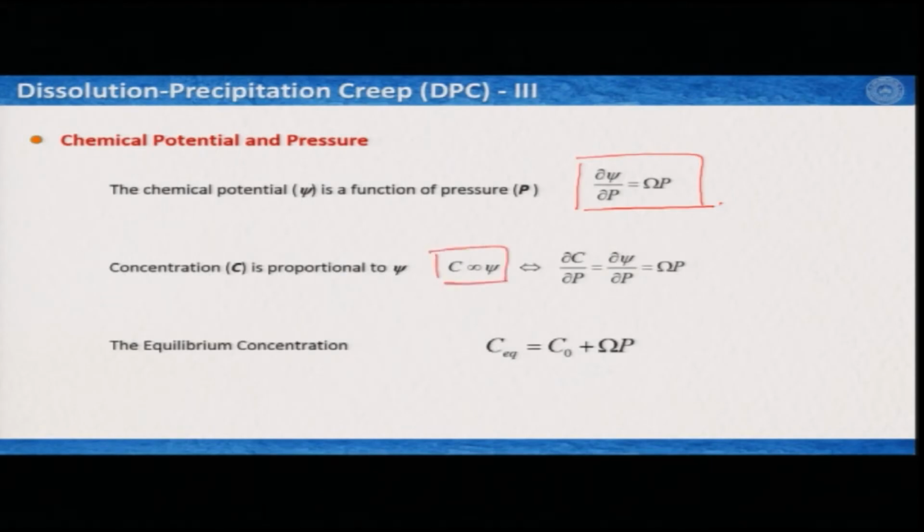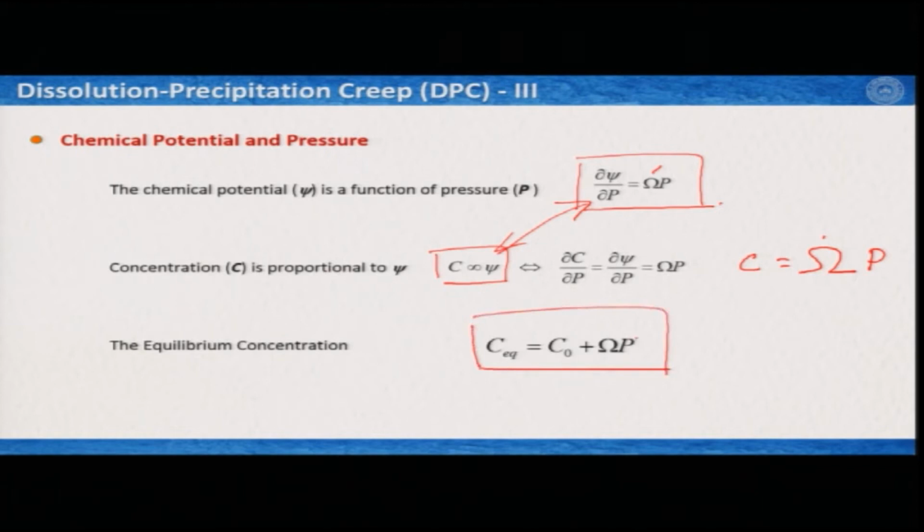We can write this, and by replacing these two equations we come out with this equation, C equal to sigma p, where sigma is a constant. So, at equilibrium concentration, we come out with this equation, which is a function of pressure, a constant, and an initial or threshold concentration, C0, and this is your equilibrium concentration. This equation is important, and we will come back to this soon.